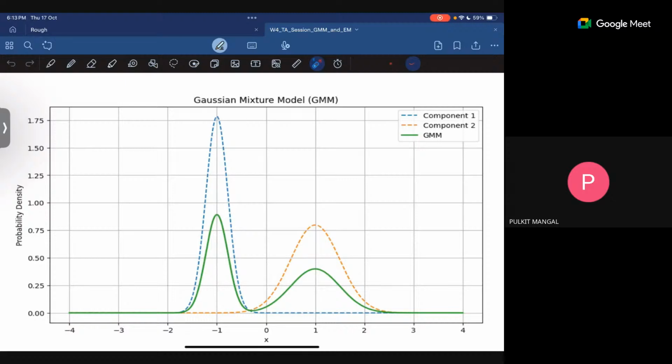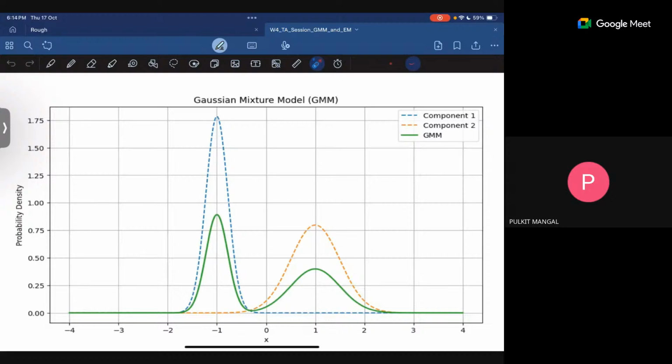Can anybody guess the reason? It is whether the green is always below the original class. Not always, but yes, in some cases it would be. But what's the reason behind it?